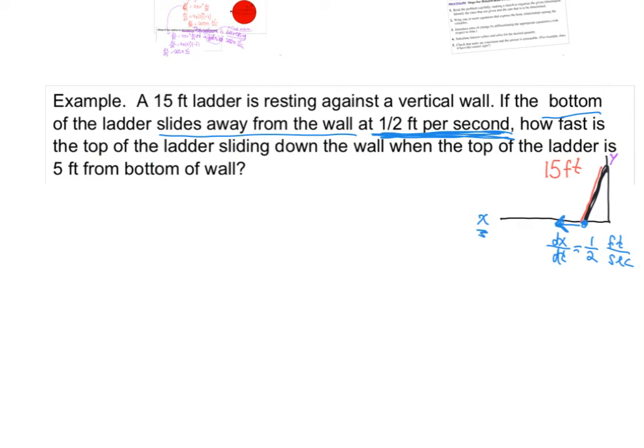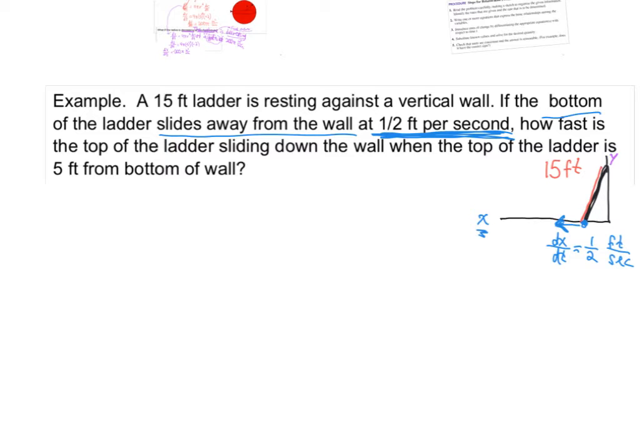Let's stop there for a moment. So we said that this vertical direction is being measured using our variable y. So the top of the ladder, how high the top of the ladder is, we could just call that y. And it's saying how fast is the top of the ladder sliding down the wall. Okay, so we're asking for how fast something is going down.